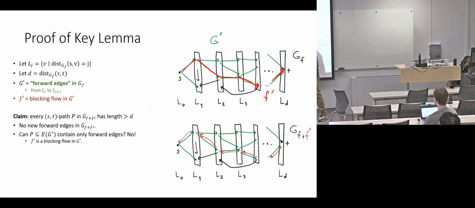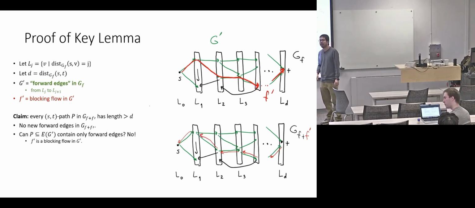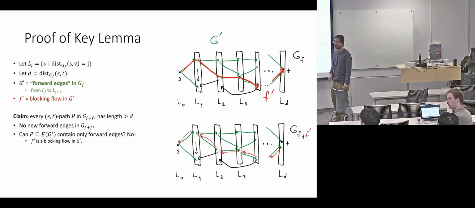I cannot find another path that only contains green edges. If there is one, then this flow is not blocking in the green graph. Make sense? But for every edge that we're going backwards now, we're not deleting the forward edge that corresponds to it, right?